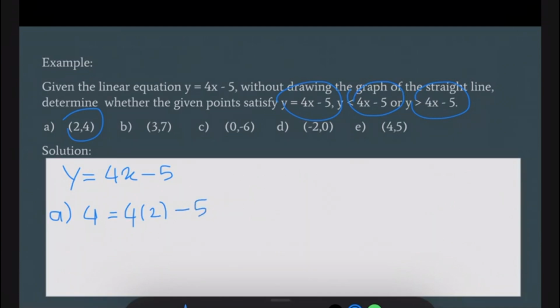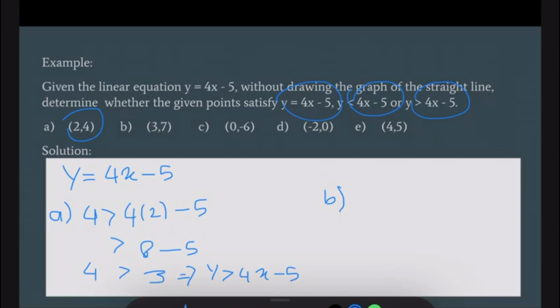So we get 4 times 2 is 8, minus 5, which is 3. So by all means, y is bigger than 4x minus 5 for question A. So for question A, it satisfies y is more than 4x minus 5. Okay, move on to the next question, B.